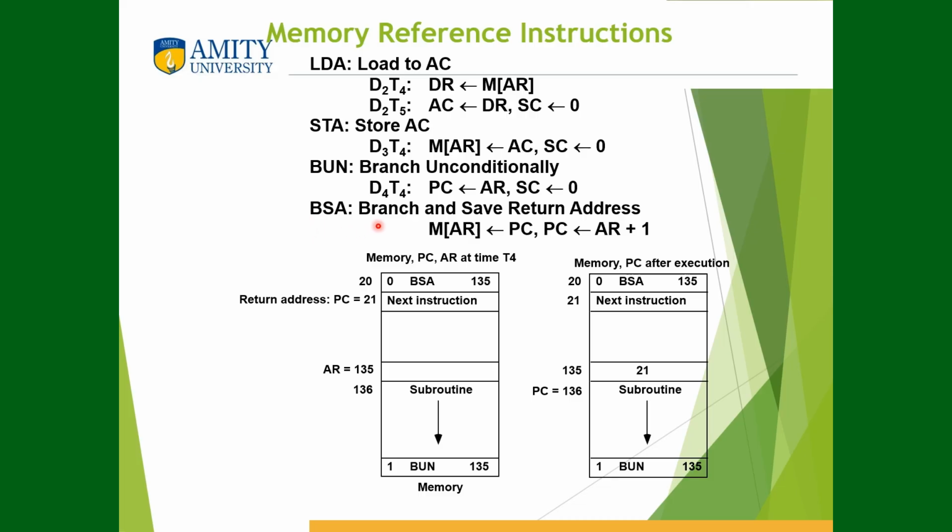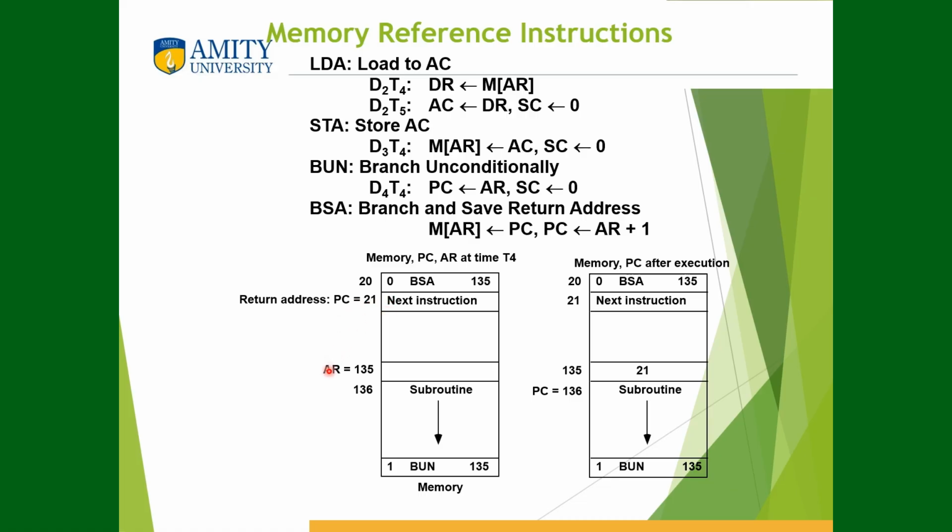BSA is another operation, which is branch and save return address. This example is shown over here using the entire memory organization. From the program counter, we store it into the memory address, and the program counter becomes AR plus 1. As you can see, the program counter is stored into memory of AR. The program counter over here is 21.